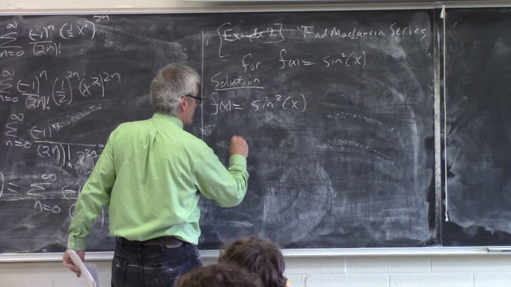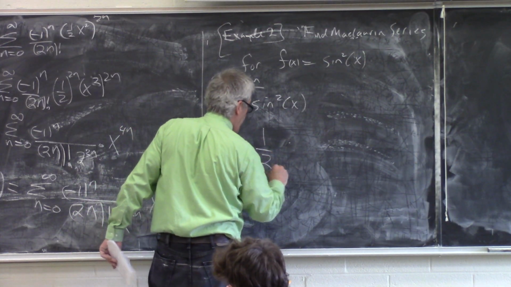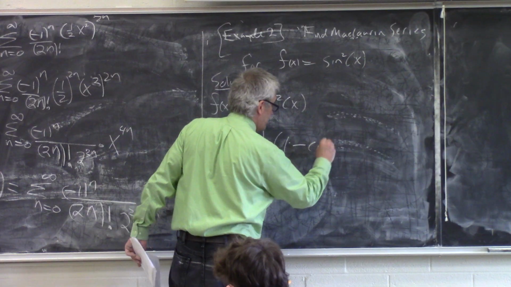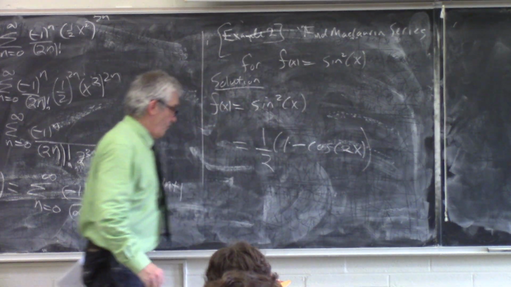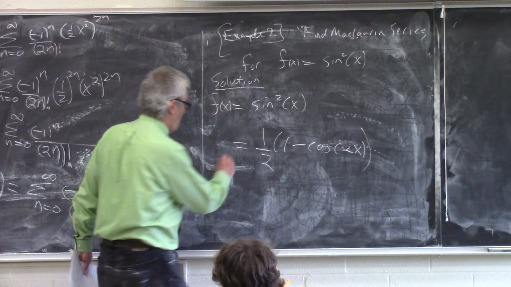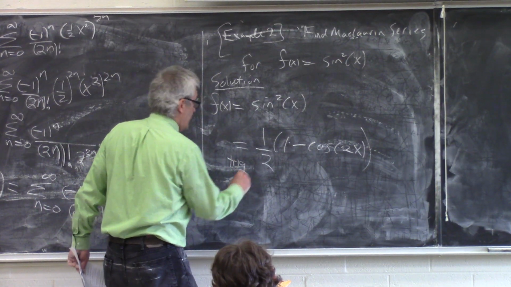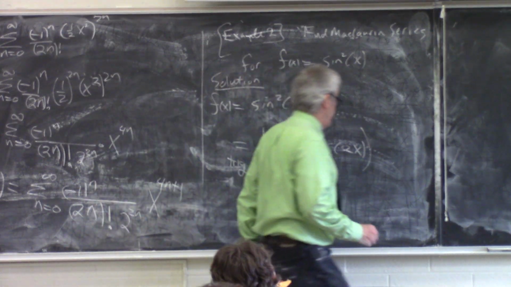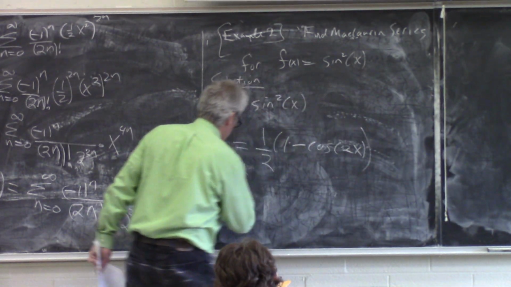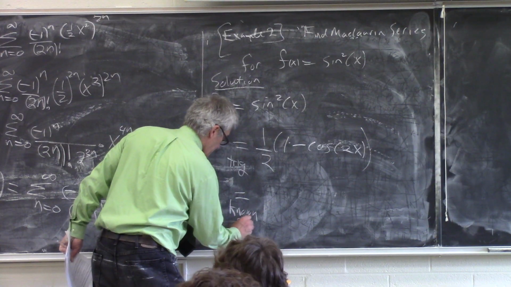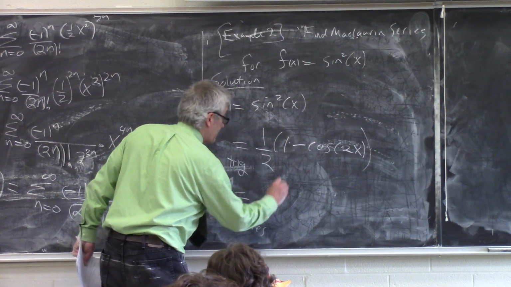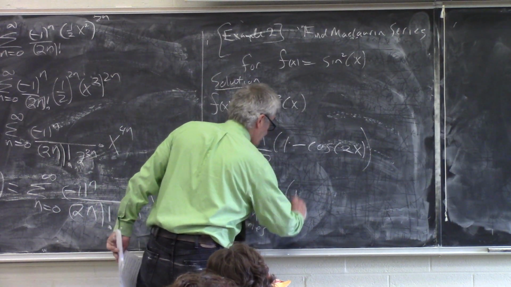Okay, well, from trig, we know that this is 1/2 of 1 minus cos of 2x. And then we're going to use a known series. I'm going to leave the 1/2 times 1 minus.